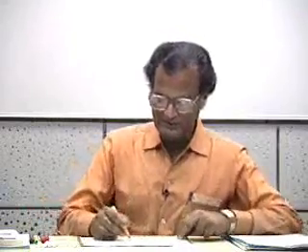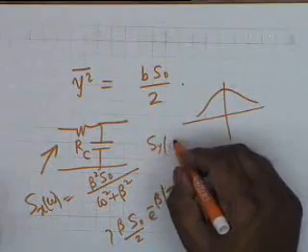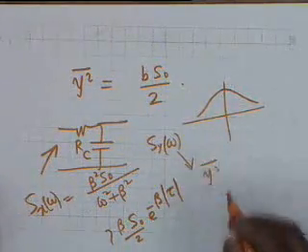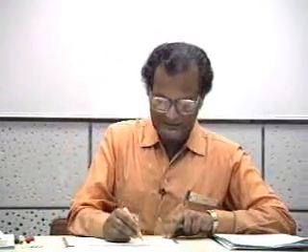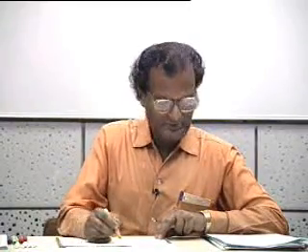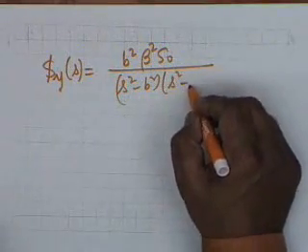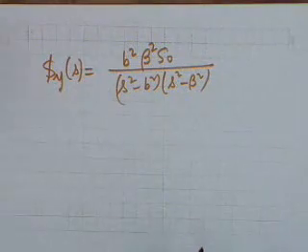Okay. If this is so, and we are interested in finding Sy of omega, from which we find y squared bar, then carrying out the algebra, we see that Sy of s would be equal to b squared beta squared S0 divided by s squared minus b squared, multiplied by s squared minus beta squared. Is that difficult to see?